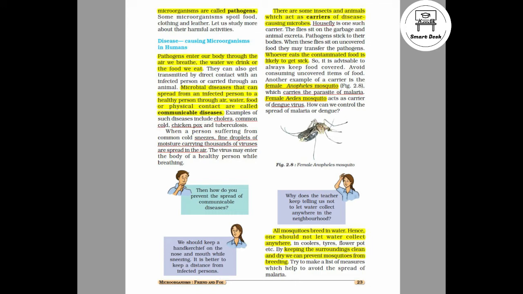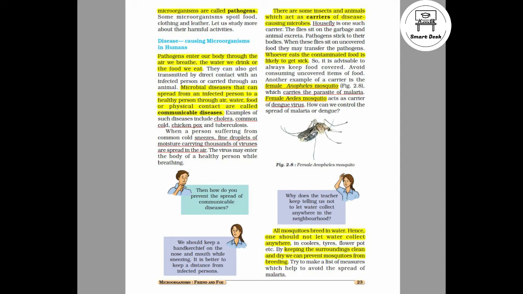Now, we are all familiar with the population of mosquitoes in our homes, right? We use different products like Mortein, Good Night, Odomos to prevent mosquitoes. Yes, that is essential. Why? Because mosquitoes carry diseases.